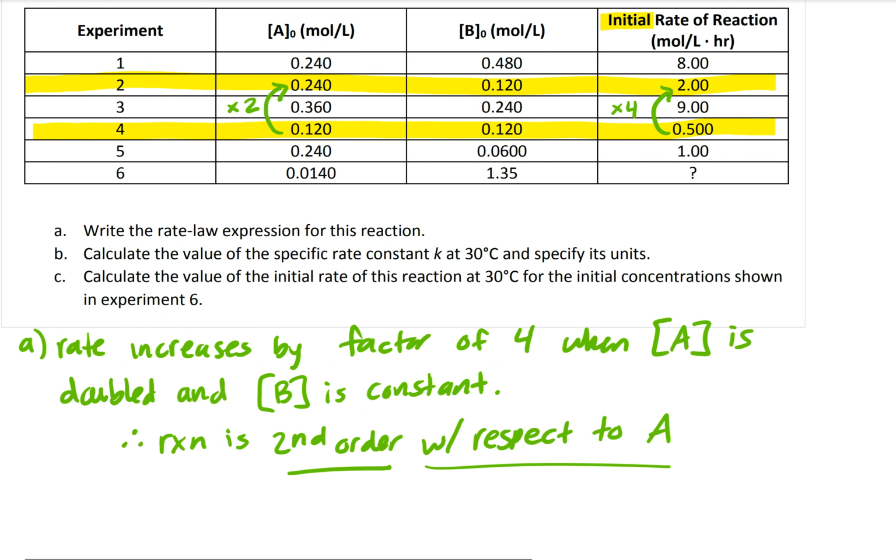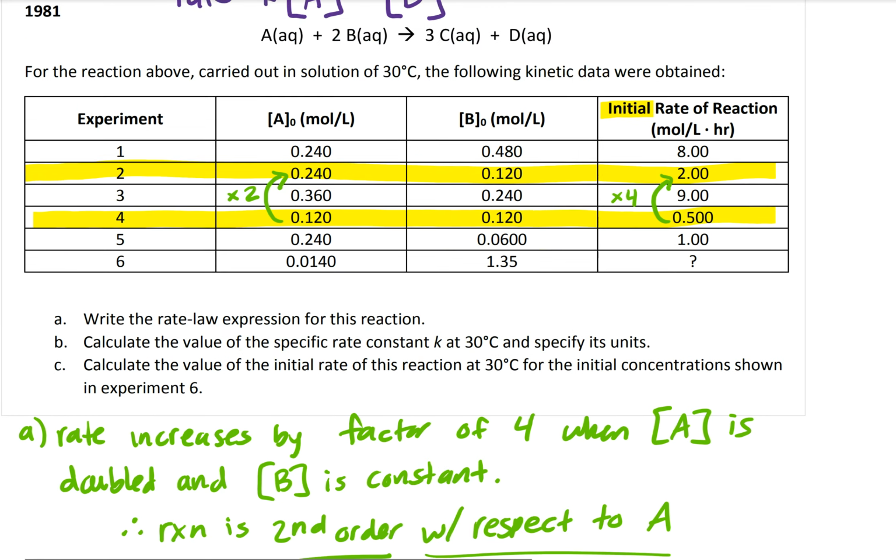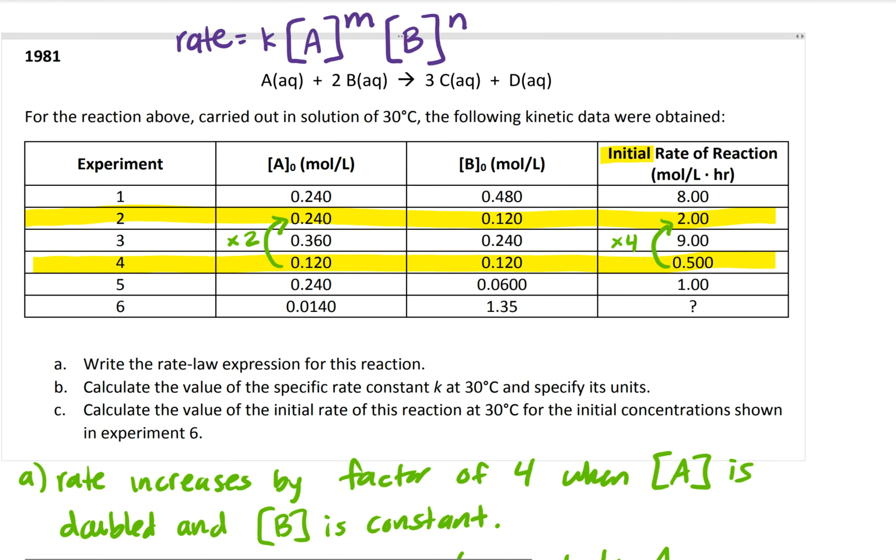Okay, now we're going to solve for the order of B in the same fashion. I want to see how changing the concentration of B affects the initial rate of reaction. So now I'm going to find two experiments in which A is being held constant, but B is changing.